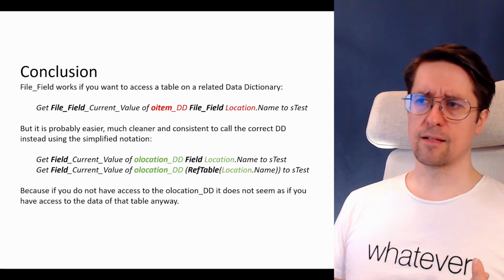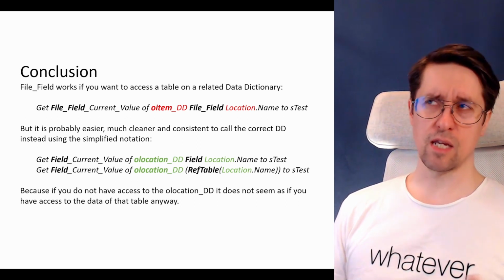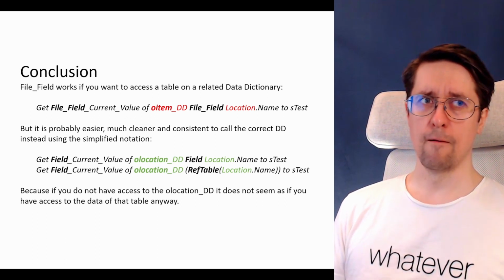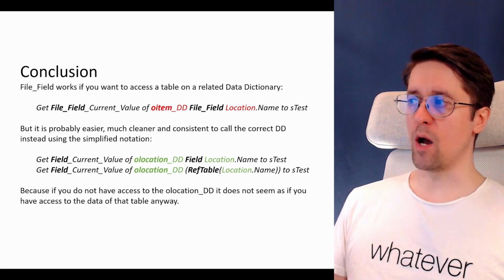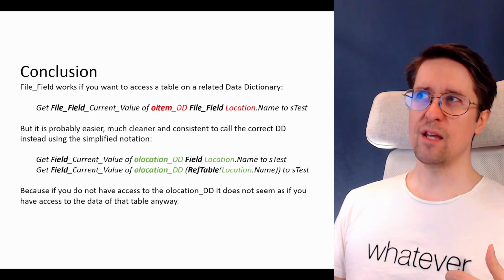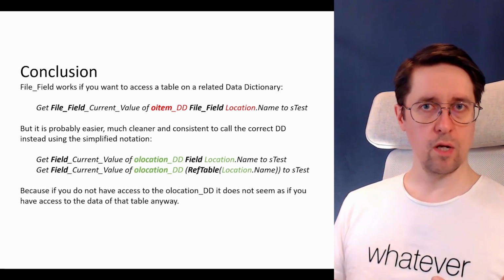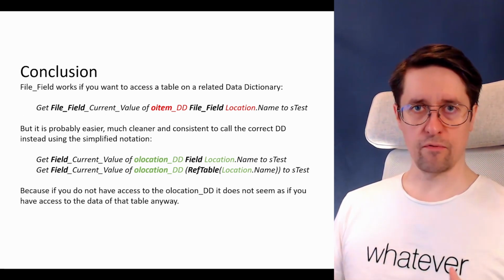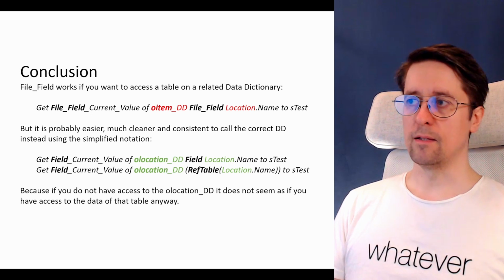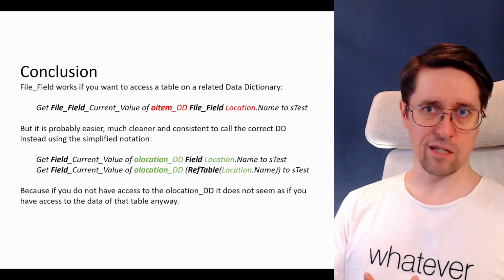I think that perhaps the get file field current value makes sense in a situation where you haven't hard-coded the item data dictionary, for instance, but have a generic code that should access it. So probably inside the core of the data dictionaries, I suppose that using get file field values makes sense.